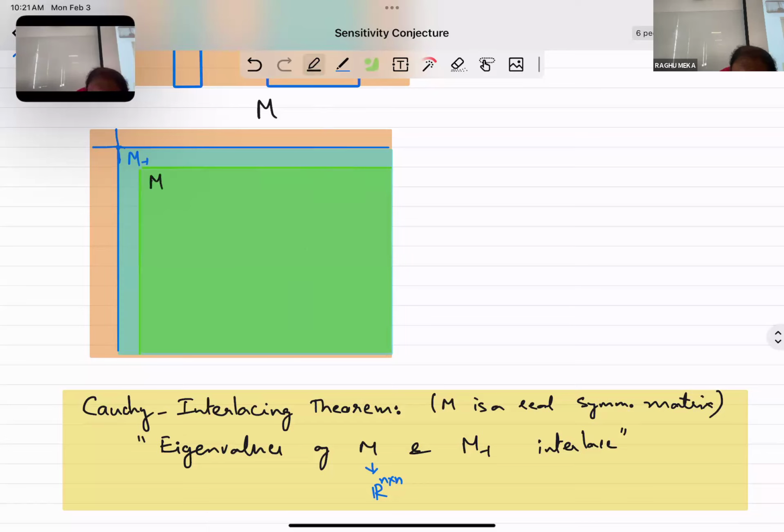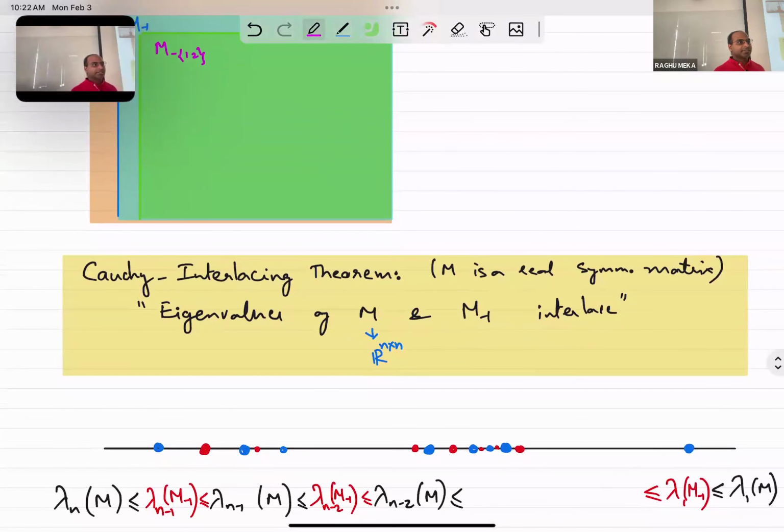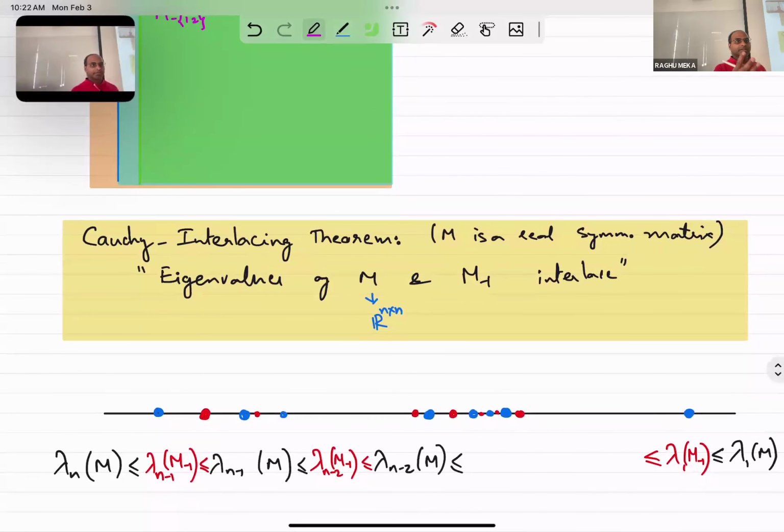I'll call this M minus 1, 2, meaning I took out both the first row and second row, and the first column and second column. So what can we say about the eigenvalues of M minus 1, 2? How can I infer some properties of this versus the eigenvalues of M? Any suggestions, guesses?